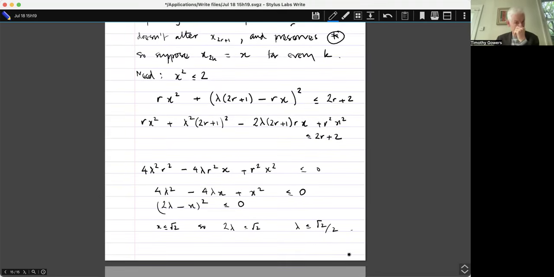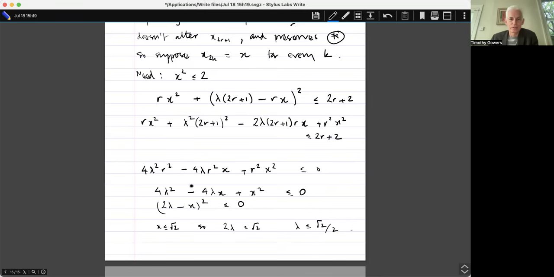It doesn't feel 100% rigorous, but I think I can make that rigorous, but I'm not sure I totally want to. So let me just sort of say out loud how I believe that this would go.